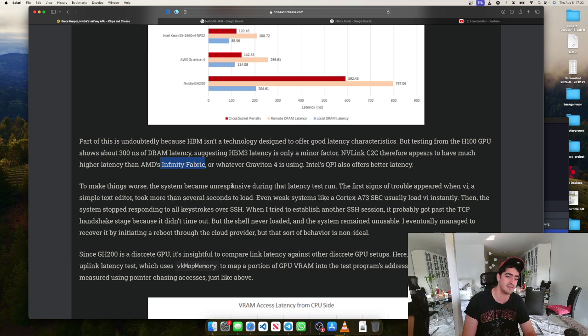Then the system stopped responding to all keystrokes over SSH. When I tried to establish another SSH session, it probably got past the TCP handshake stage because it didn't time out, but the shell never loaded, and the system remained unusable. I eventually managed to recover it by initiating a reboot through the cloud provider, but that sort of behavior is non-ideal.